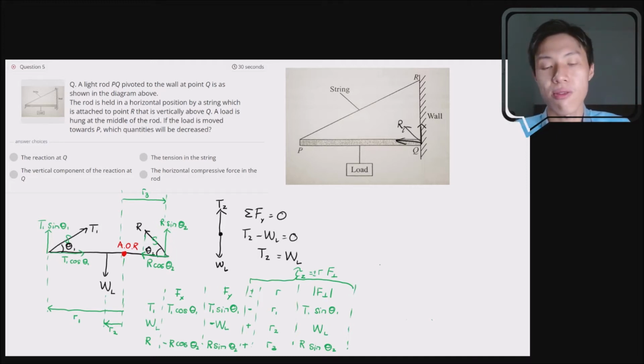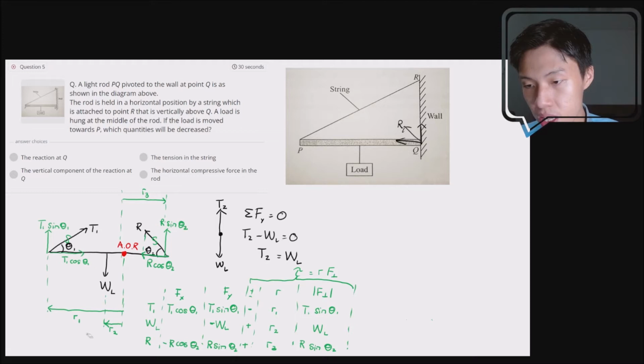If it's clockwise, then it's a negative z direction. That's where you put in. Okay, if you keep your equation as just tau, then that means this is magnitude, then magnitude must always be positive, then therefore it will be r f perpendicular. F perpendicular is just f sine theta. That's why if you expand it back, you get r f sine theta.